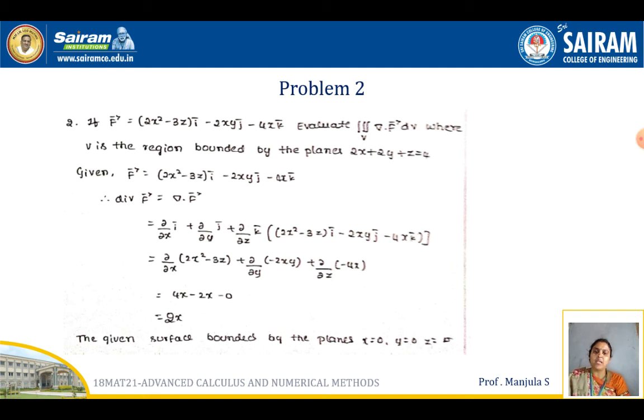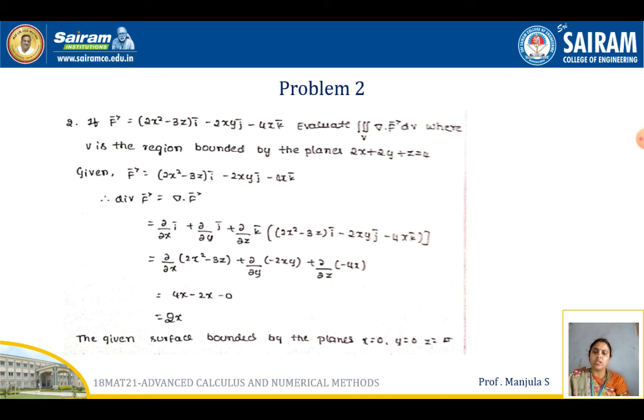So on multiplication of these two vectors we are getting dou by dou x into 2x square minus 3z plus dou by dou y of minus 2xy plus dou by dou z of minus 4x. So now the first term, do the differentiation with respect to x, we are getting 4x. Second term minus 2xy, do the differentiation partially with respect to y, we are getting minus 2x. Last term will become 0. On simplification we are getting the solution as 2x.